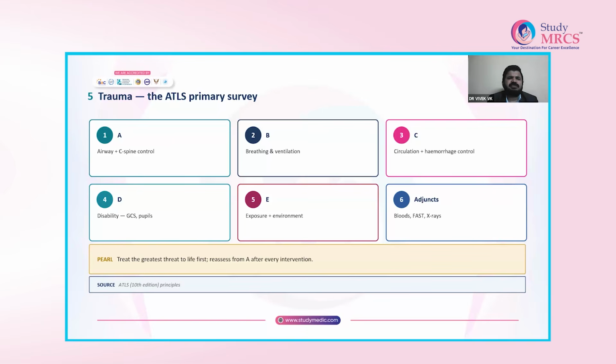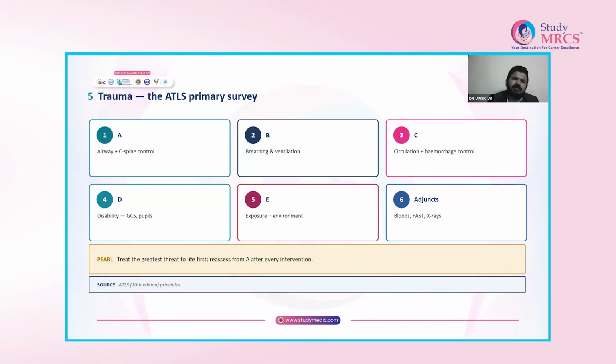The maximum score is 15. Eye opening, the total score is 4. Verbal response, the total score is 5. And the motor response, the maximum score is 6. So in a normal patient, the GCS will be 15 out of 15. The minimum GCS is 3 out of 15.